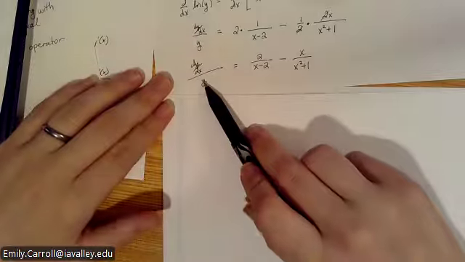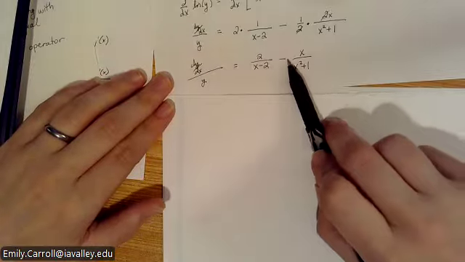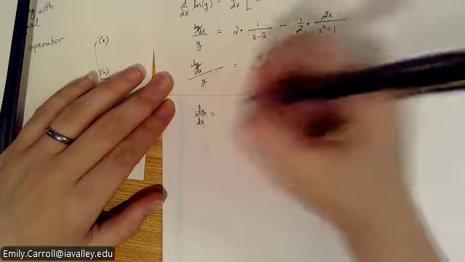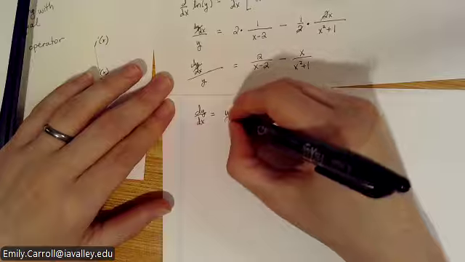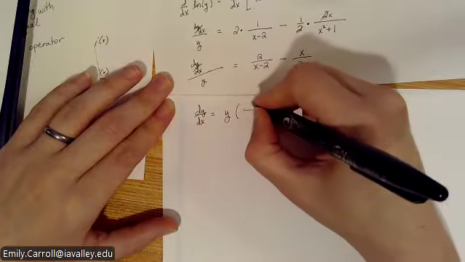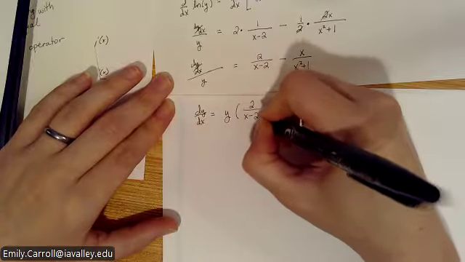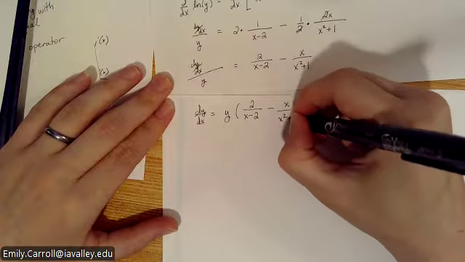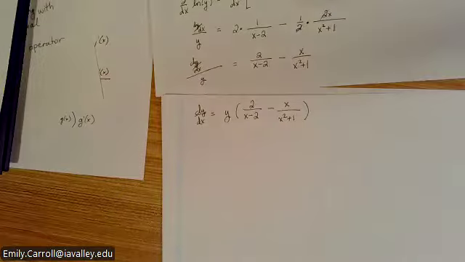So I'm going to multiply both sides by y so that it goes over here. So dy dx equals y times 2 over x minus 2 minus x over x squared plus 1.